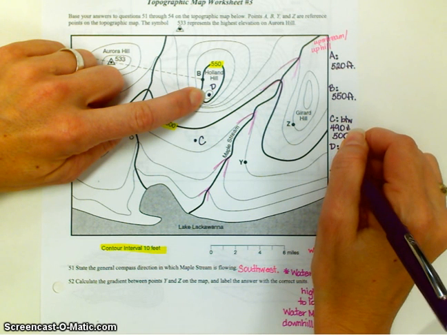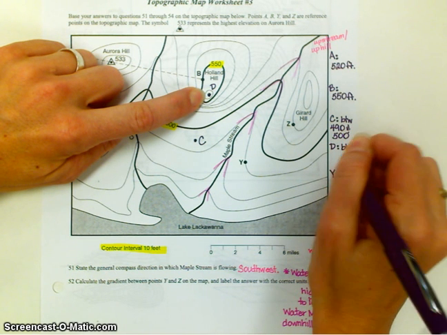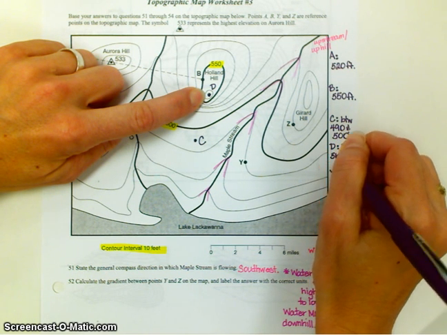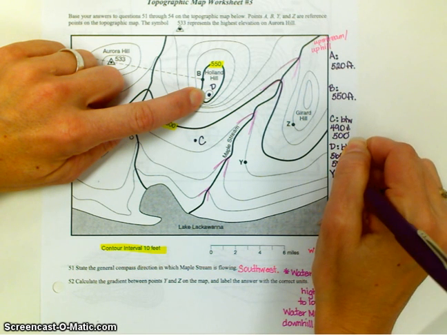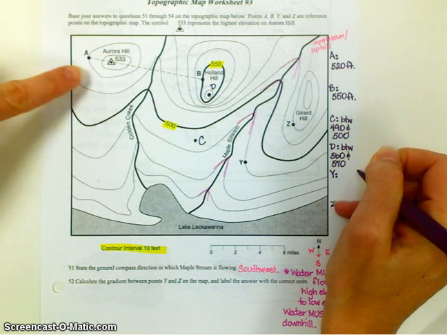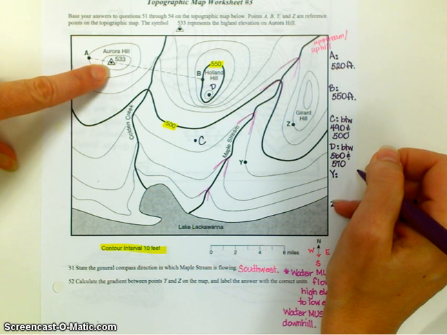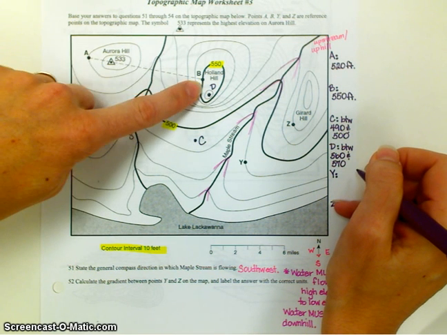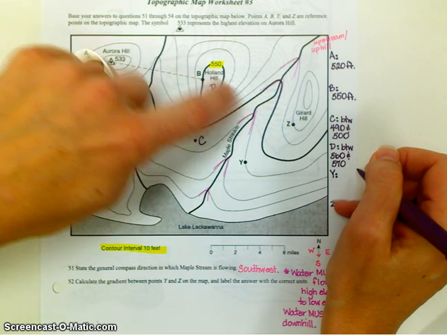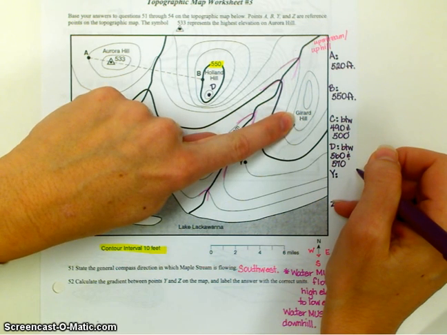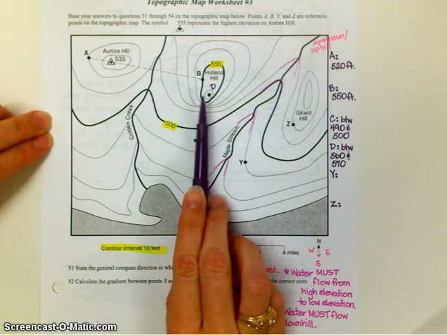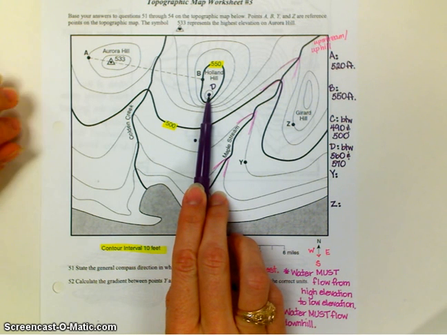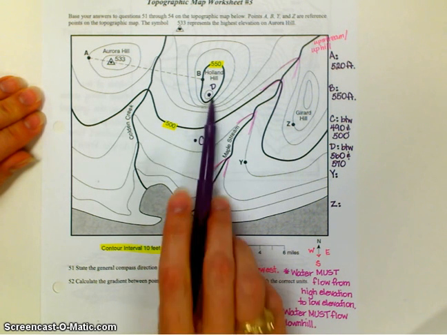So I can say it's between 560 and 570. Now sometimes they will mark the high point of a hill like they did over here, but sometimes they don't. They didn't mark the high point of Holland Hill, and they didn't mark the high point of Girard Hill either, okay? So really you can only estimate what D is. You can tell me it's something between 560 and 570.